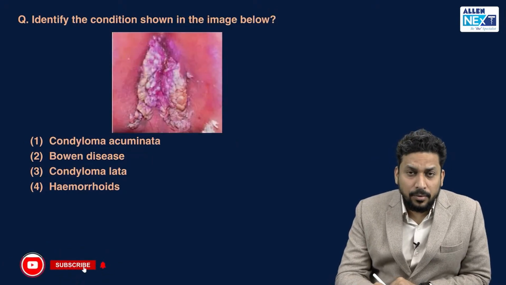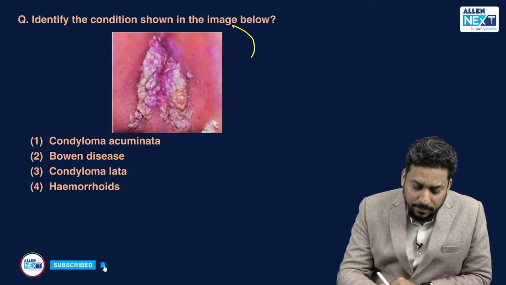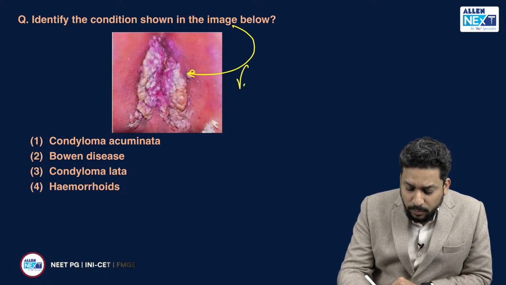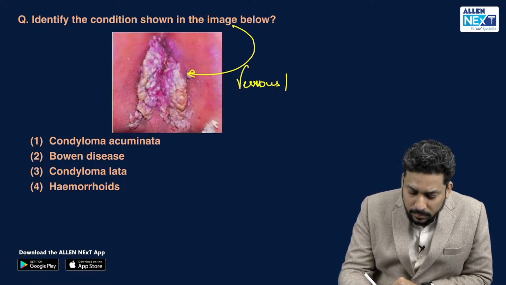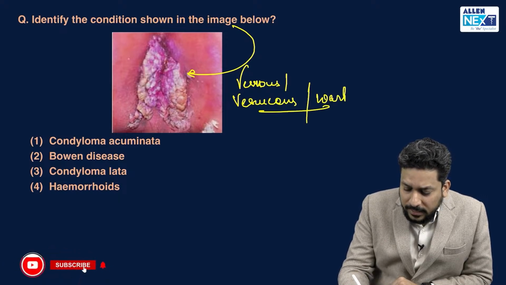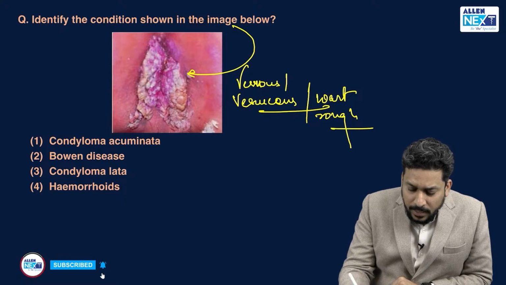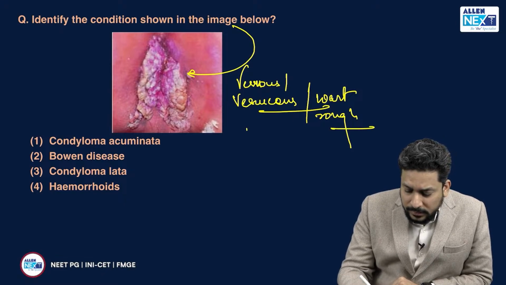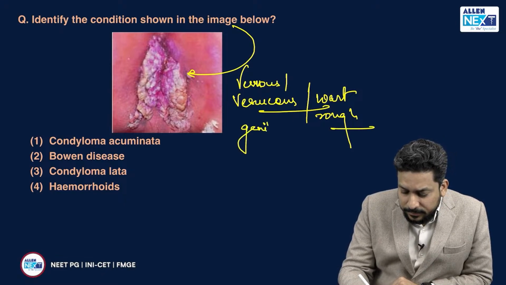Identify the condition below which is shown in the image. In the image you can see that this is a verrucous lesion. Verrucous means wart-like, that is rough surface lesions, and it is present where? Over the genital areas.